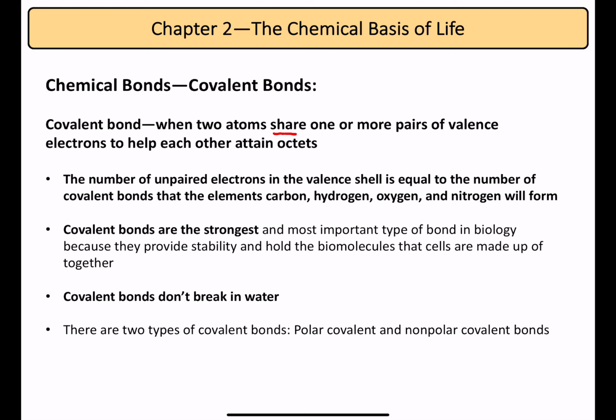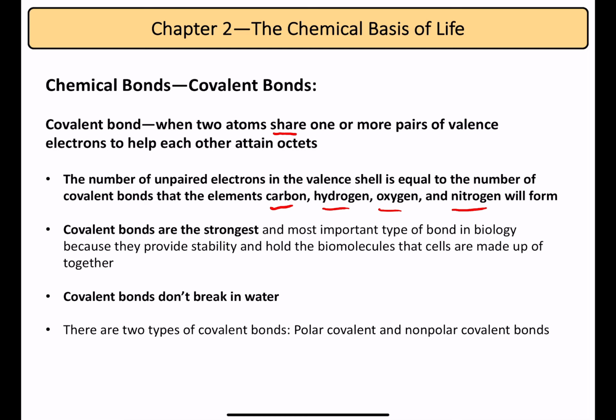Now remember, the big four elements in biology are carbon, hydrogen, oxygen, and nitrogen. Now those four elements, as they relate to biology, always form covalent bonds. And you can always figure out the number of covalent bonds that each of these four elements will form by looking at the number of unpaired electrons in each of their valence shells.